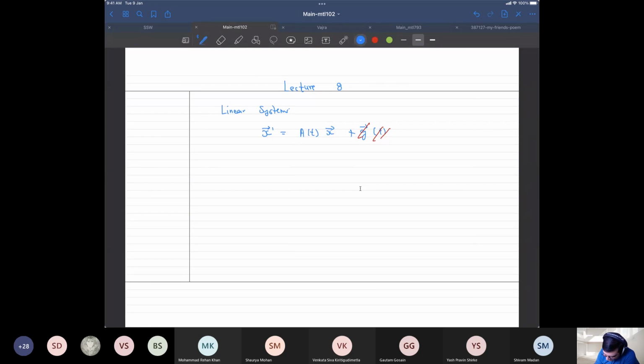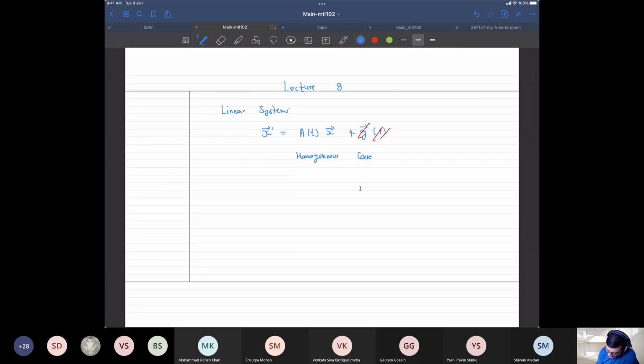If g is 0, then we have the homogeneous case. You know how to handle this by the variation of parameters method, which guarantees that whatever your g is, you will always get a solution as long as g is an integrable function.